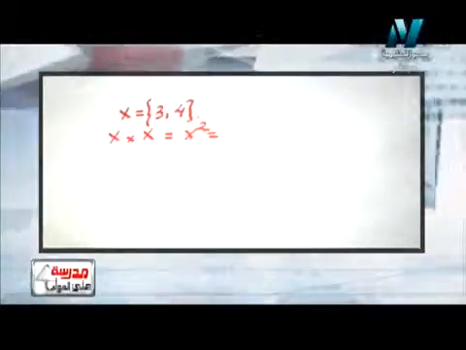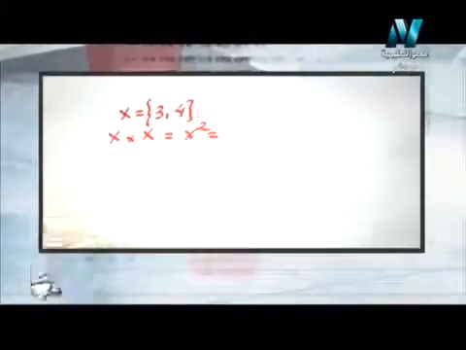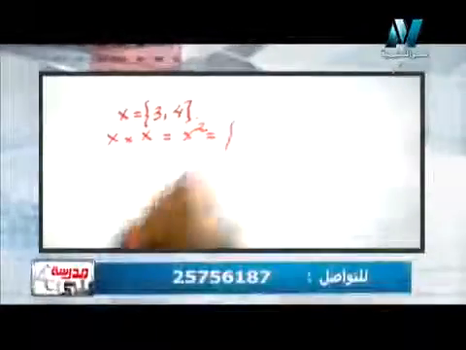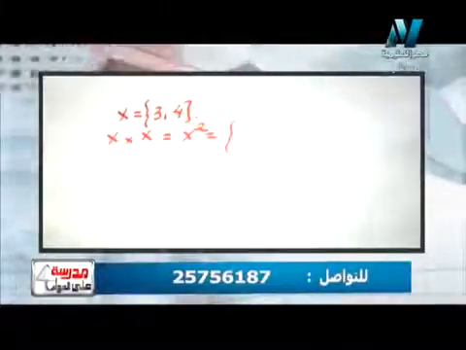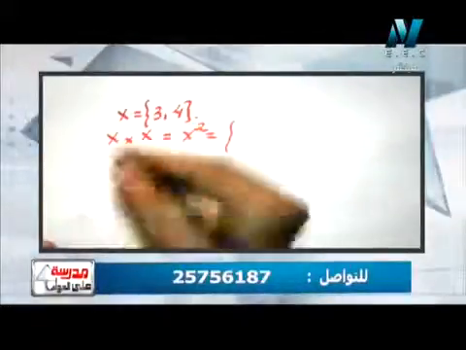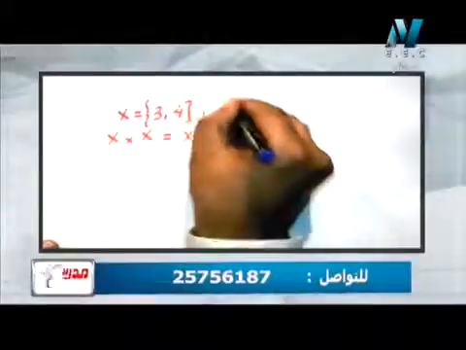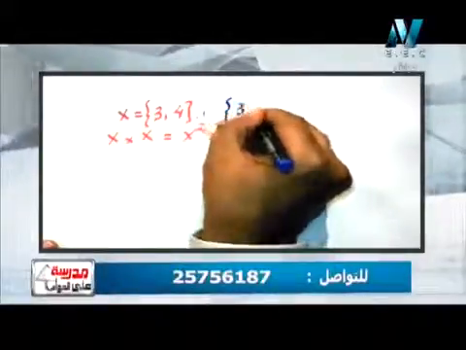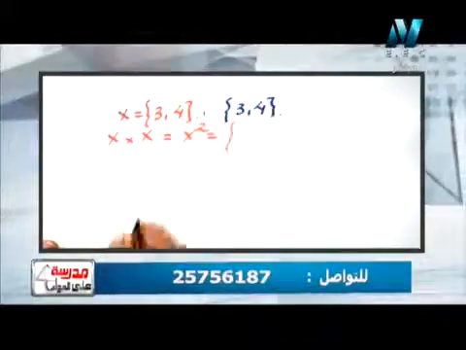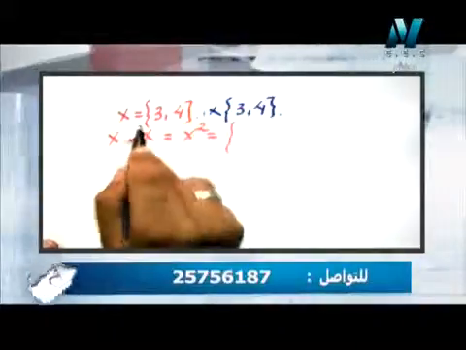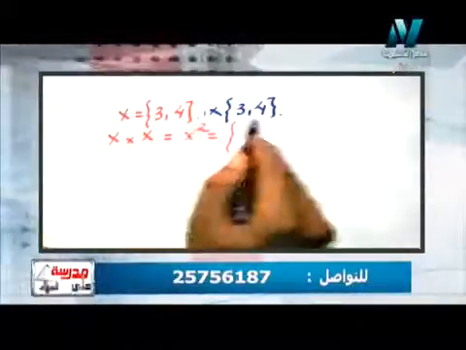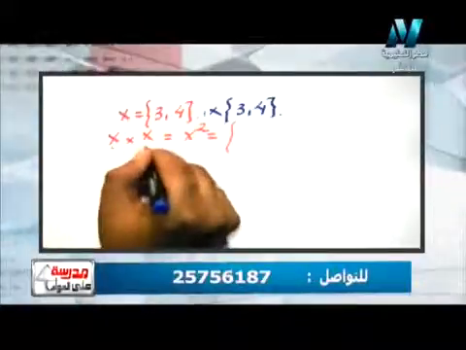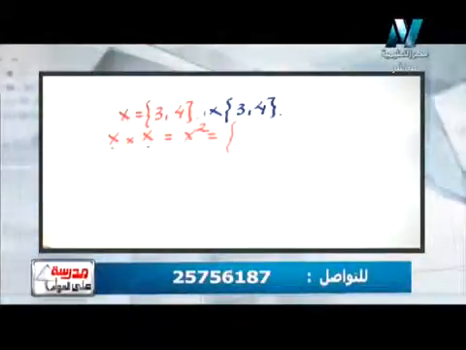Then to find the answer, you can repeat the set x another time. It means 3 and 4, we have another set, which is 3 and 4. You can make it here 3 and 4 product 3 and 4, because here x product x means x repeated twice.